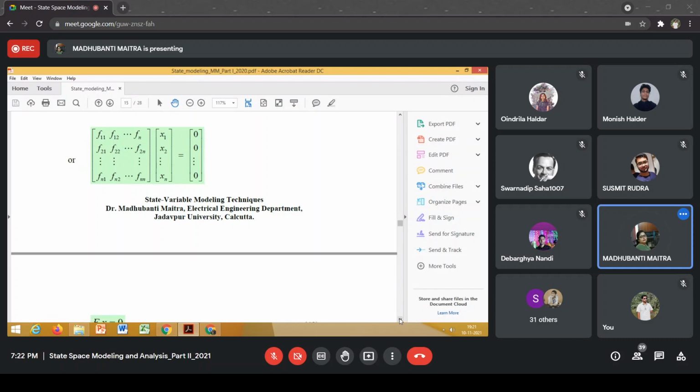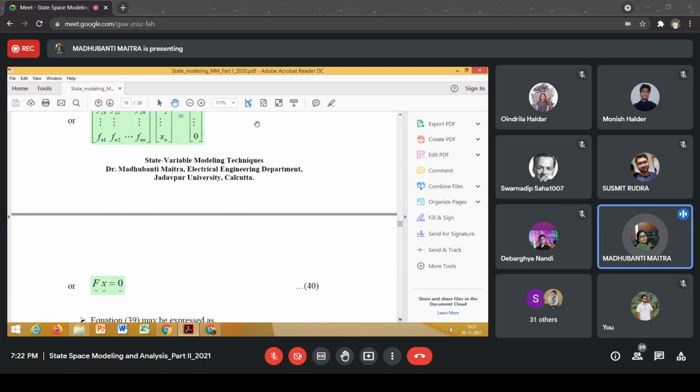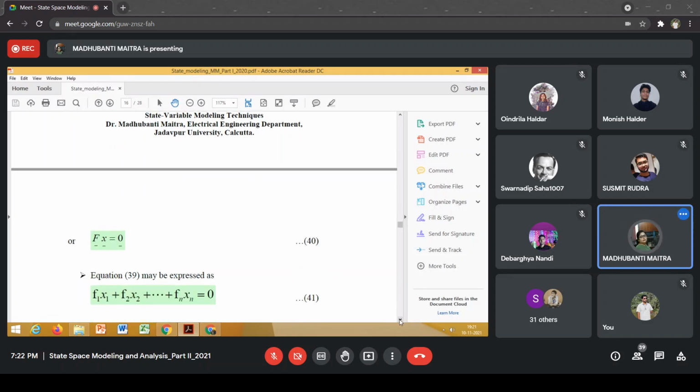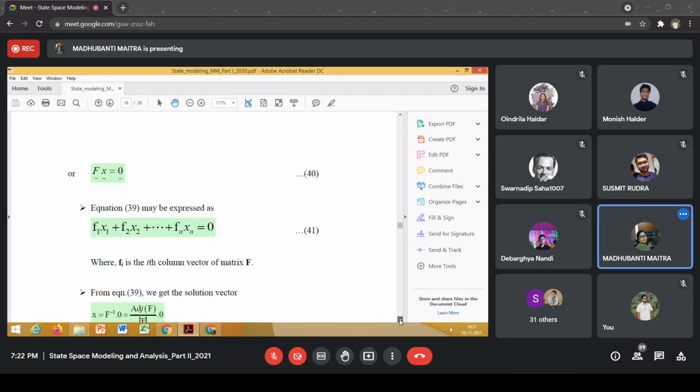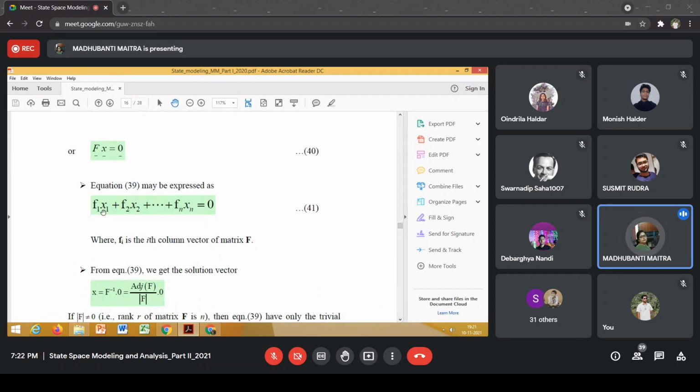So in a different form, this equation can be represented as f1 into x1 plus f2 into x2 plus fn into xn equal to 0, where fi is the ith column vector of the matrix F.